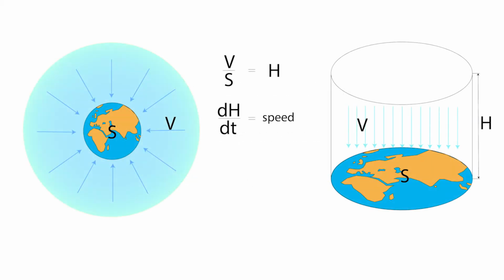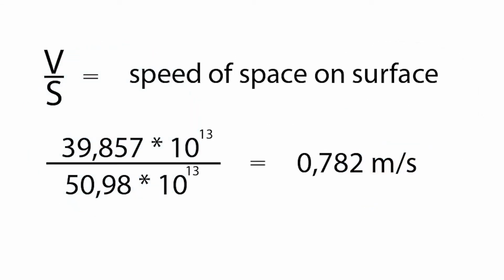The space enters into the Earth from all sides, and the speed of space changes while approaching. But if we imagine the space in the form of a cylinder with a base equal to the surface area of Earth, then the height of this cylinder will be equal to the speed of space on the surface of Earth. In our case, we're getting this value.